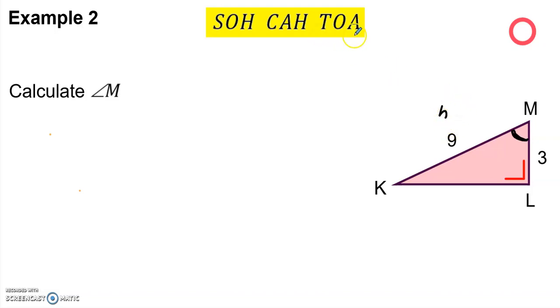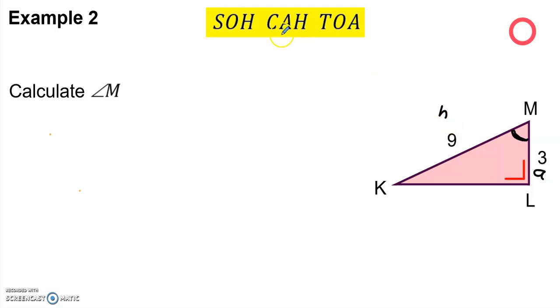So at this point I can say I don't need tangent because tangent doesn't have the hypotenuse in the formula. Then I do know this side. And this is the adjacent shorter side because this one is the opposite. So this is the adjacent. So I need a formula with the adjacent shorter side and the hypotenuse.